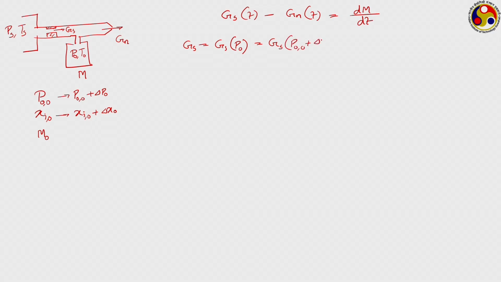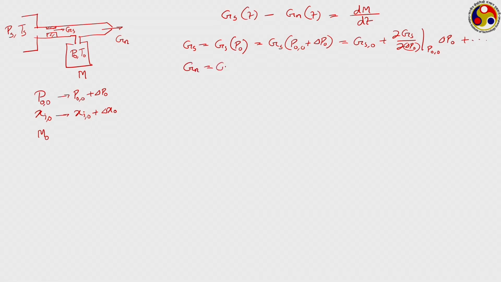If we expand this, assuming delta P naught to be very small, following the Taylor series, we can write this as Gs 0, which is the value of Gs under equilibrium, plus dou Gs by dou P naught corresponding to P 0 0 into delta P naught plus higher order terms. Similarly, Gn.